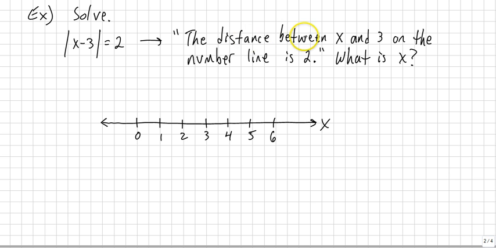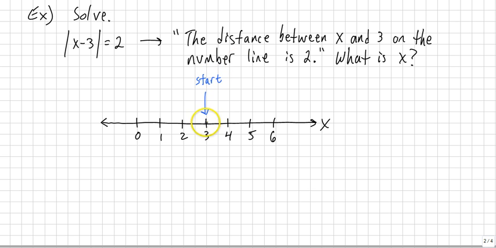So let's see, the distance between x and 3 on the number line is 2. 3 is one of the numbers we know we're interested in, so let's just keep track of that. So here's 3. We'll just start right here.